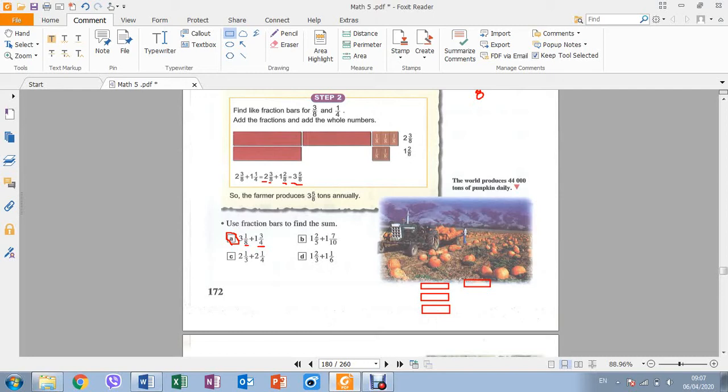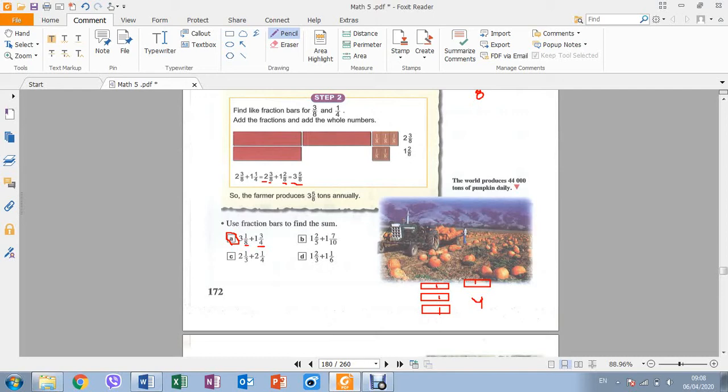We have 4. 1, and this is 1. This one is 1, and the last one is 1. So we have 2, 3, 4. Our whole number is 4.